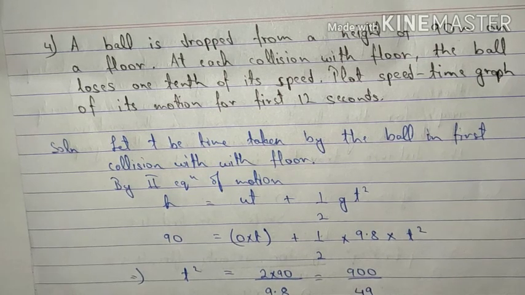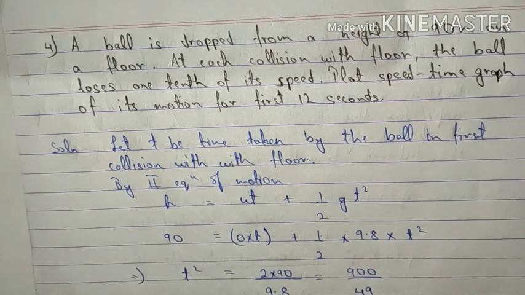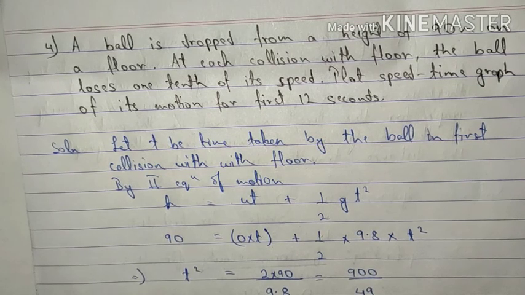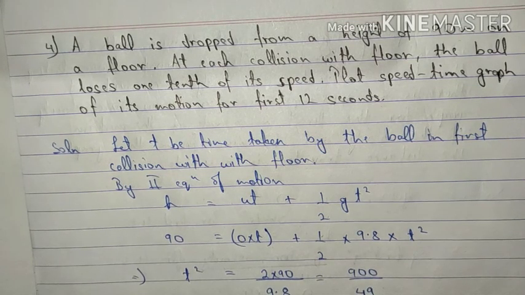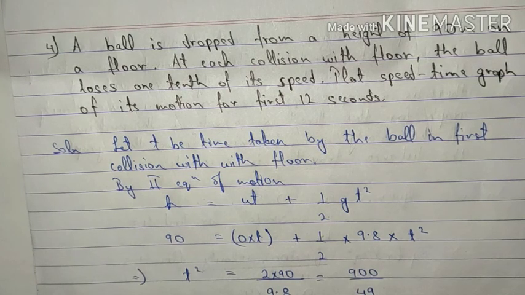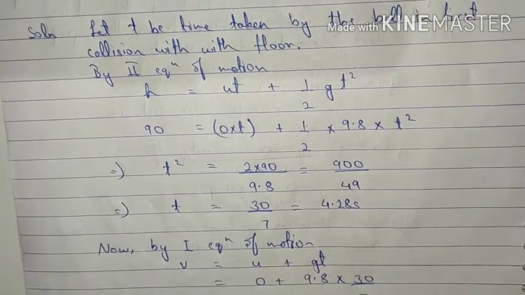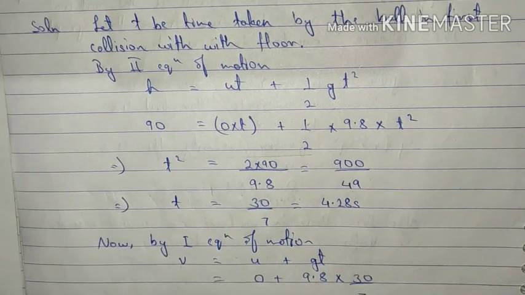Now, in order to make a velocity time graph, first of all, we need to know certain values of velocity and time, and until we have those values, we cannot plot it on a graph. So let's try to calculate the values of velocity at certain time intervals. So let t be the time taken by the ball in the first collision with the floor.